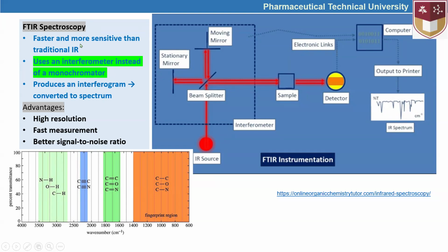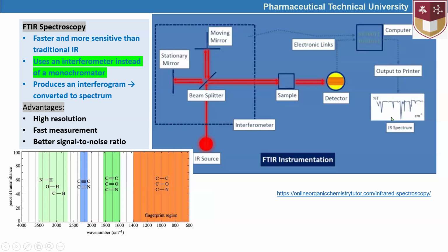FTIR, Fourier transform infrared spectroscopy, is kind of faster and more sensitive than traditional IR because it uses interferometers instead of monochromators. So it produces a higher resolution. It can be measured faster and with a better signal to noise ratio. So this is, let's say, a more updated version of IR spectroscopy.